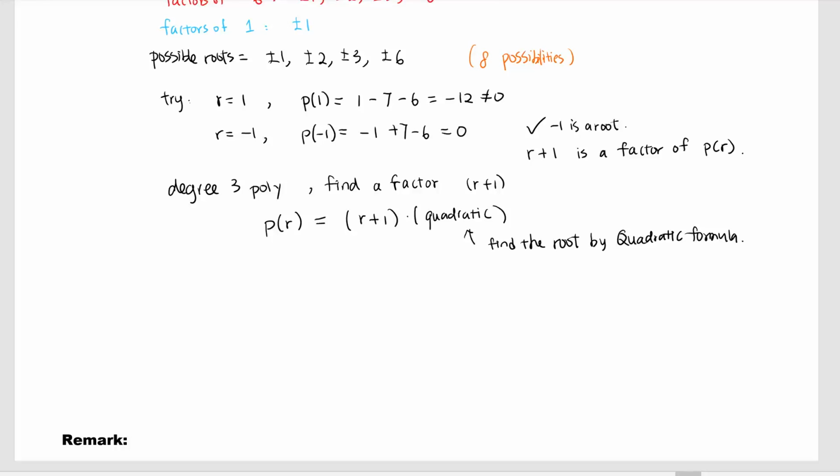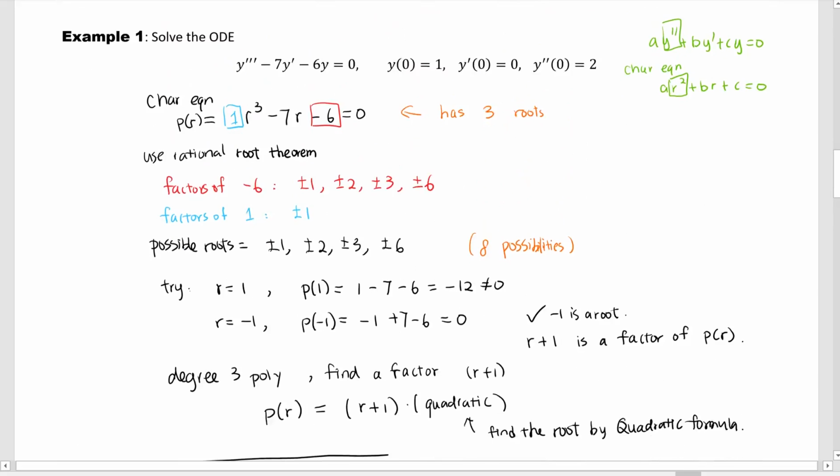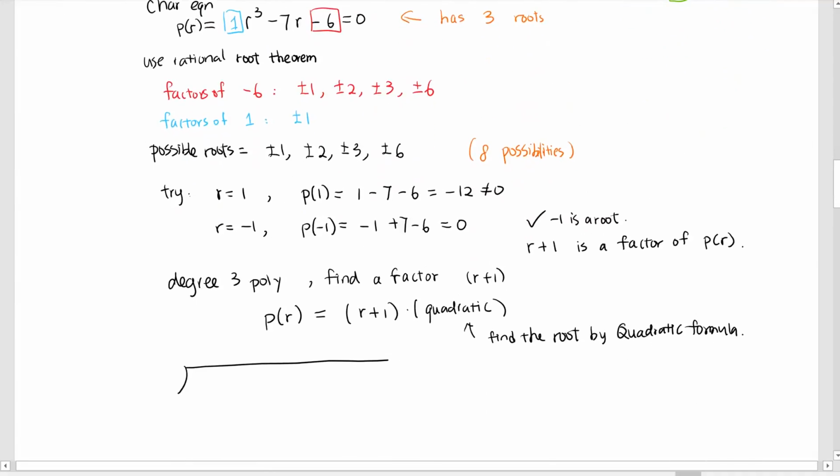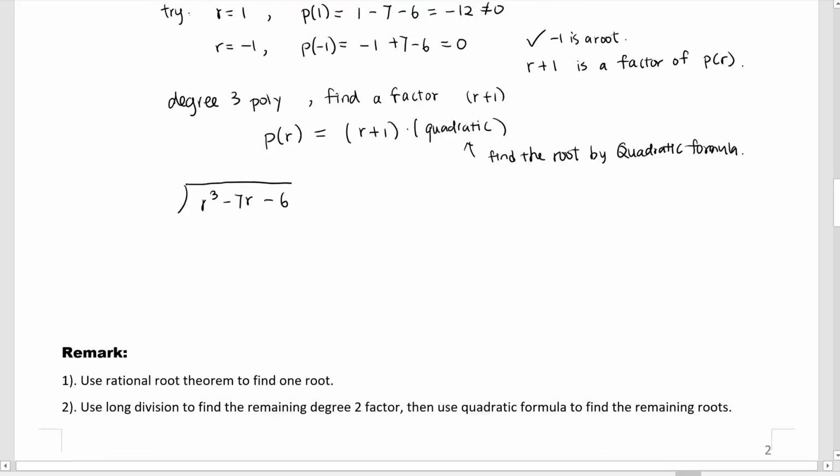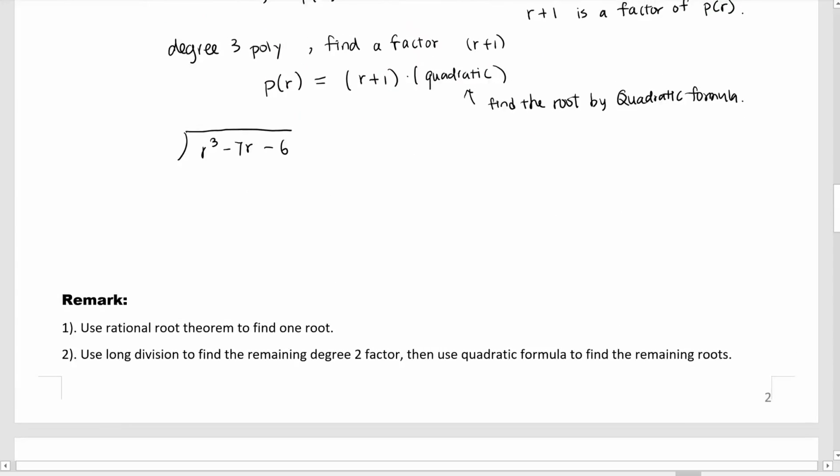So we continue, and we use long division. We have p of r, which is r cubed minus 7r minus 6. I don't have much space, let me write smaller.